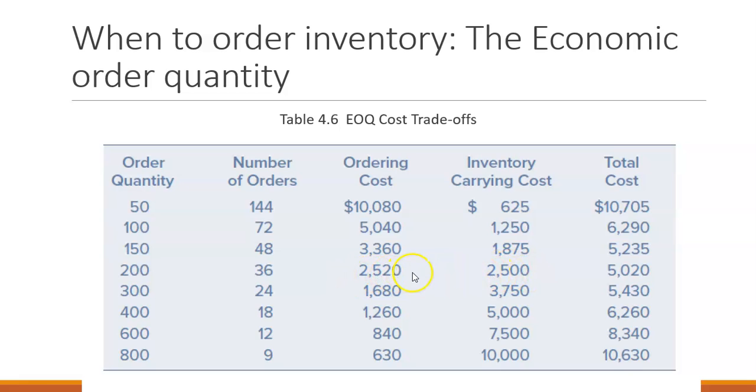One is not greater than the other, and our total cost is the lowest of any other option on this table. You can see that if we order 800 yards 9 times a year, we have our lowest ordering cost, but we're going to pay our highest carrying cost. Same thing. If we order 50 yards 144 times a year, we're going to have the highest ordering cost, but our lowest inventory storage cost.